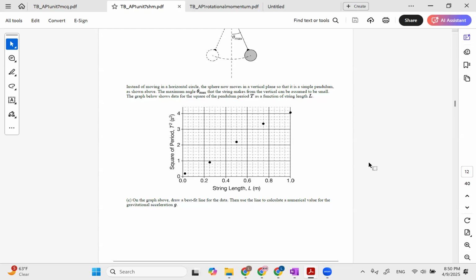So how do you use the graph to find the acceleration? Try to see how you use the graph to find the acceleration.